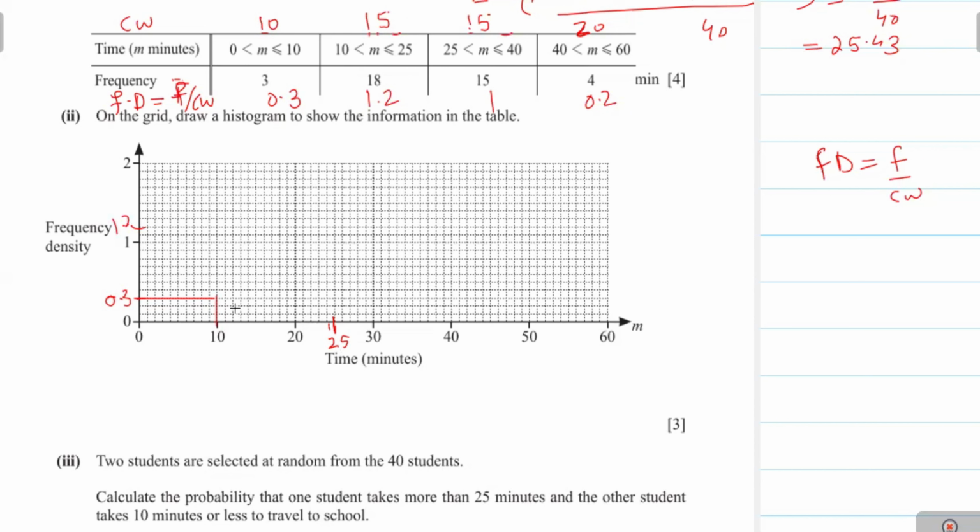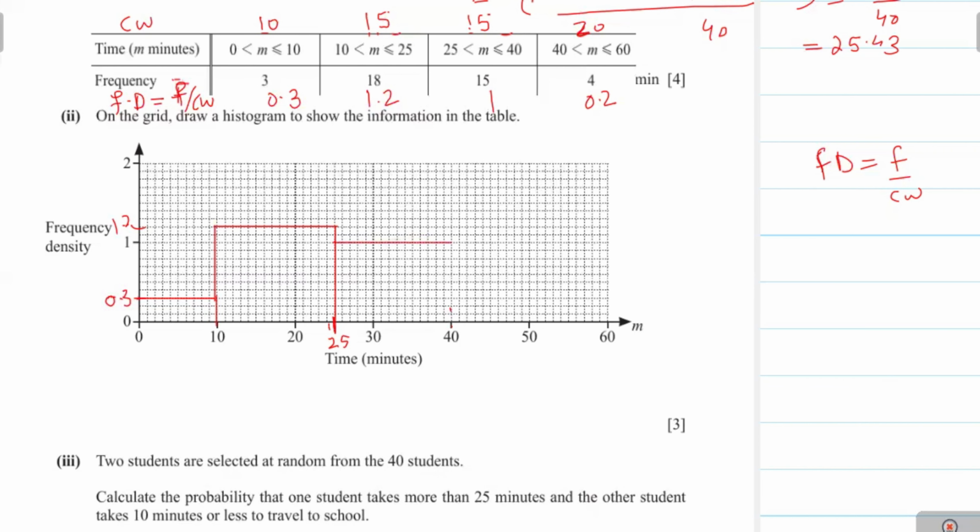Now we will draw the next bar, and this will be adjacent to the first bar. The height is 1.2. The width of the rectangle is 10 to 25. This is the second bar, and for the third bar, the width of the bar is 15 and height is 1. Therefore, we take the bar width 25 to 40, and the height is 1 unit.